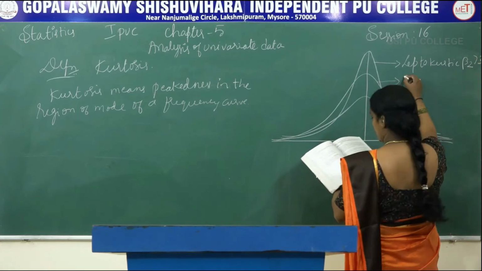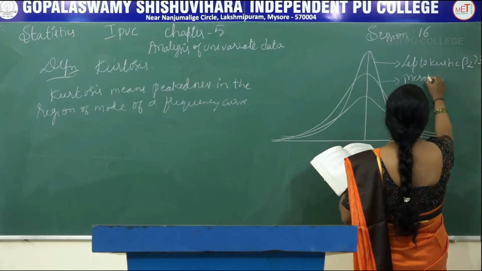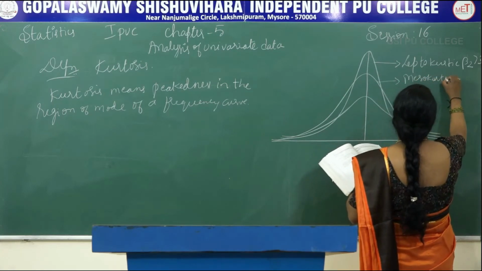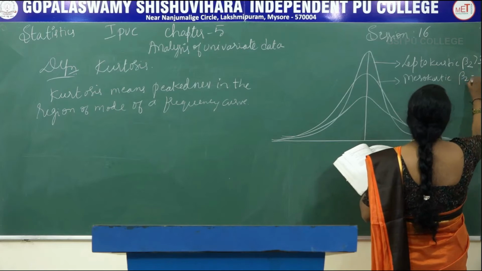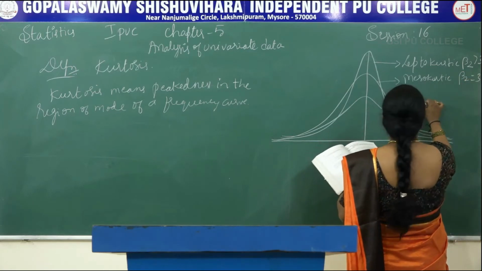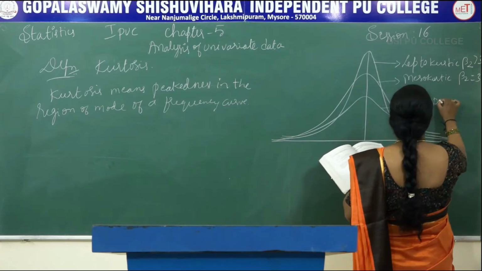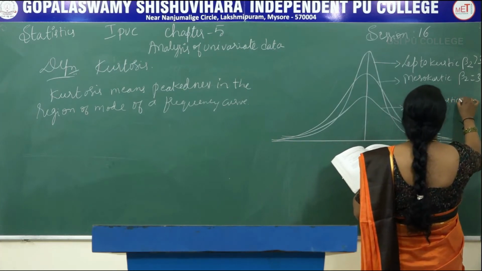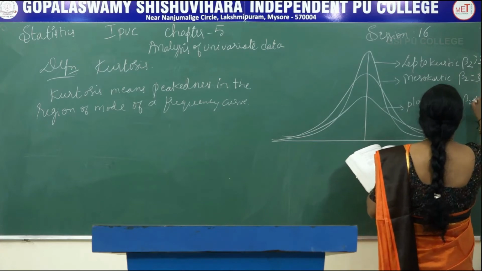This is called mesocurtic. Here beta 2 is equal to 3. And this is platycurtic. Beta 2 is less than 3.